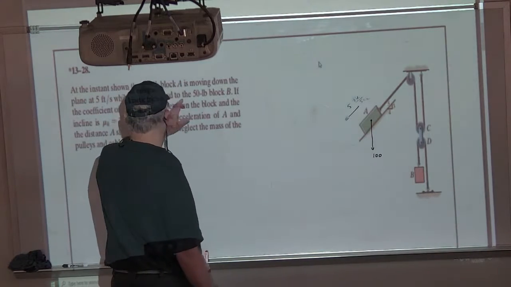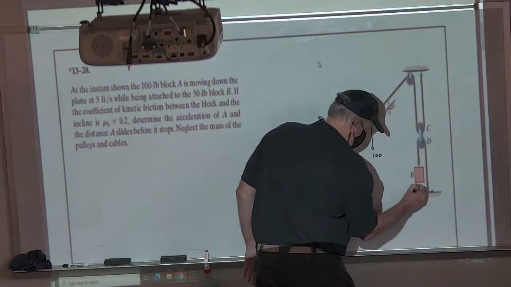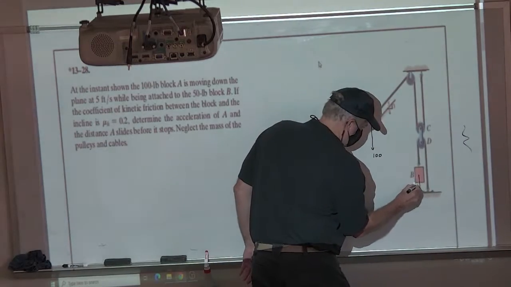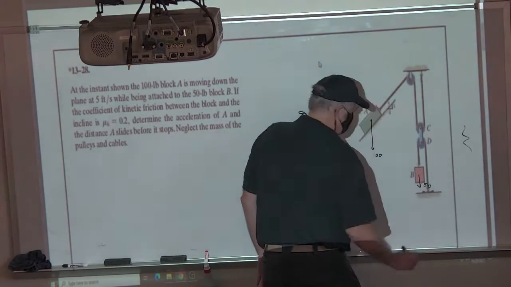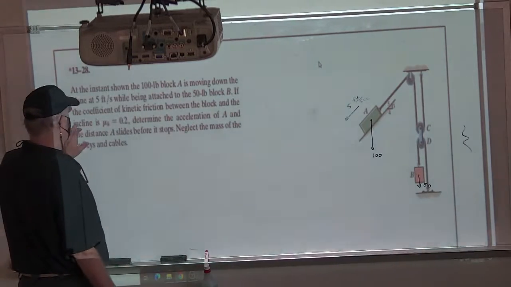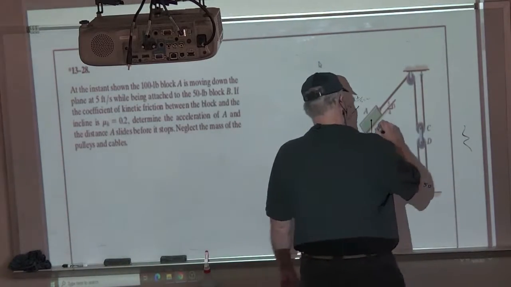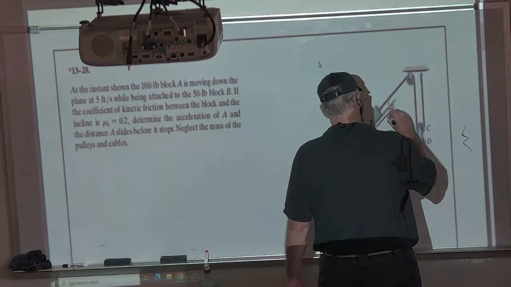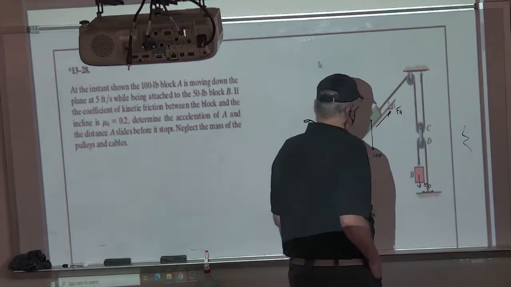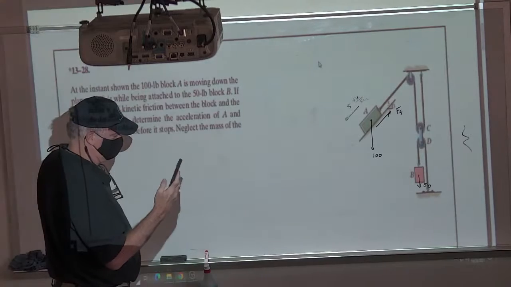Okay, so it's moving down attached to the 50-pound block, the 50-pound block right there. The coefficient of friction between these two is 0.2. Determine the acceleration of A and the distance it slides before it stops.